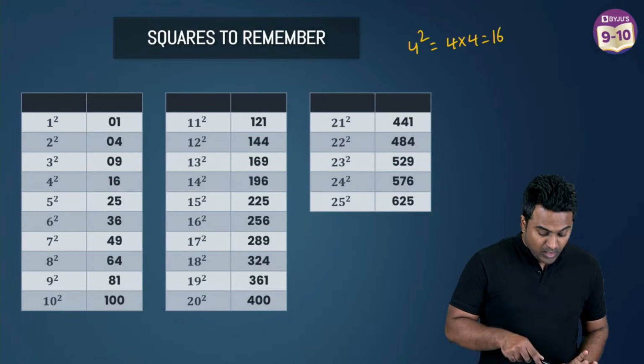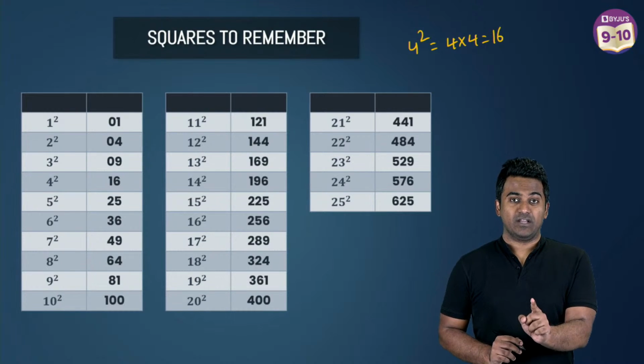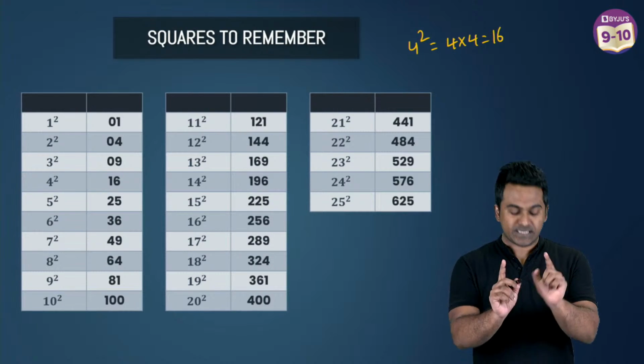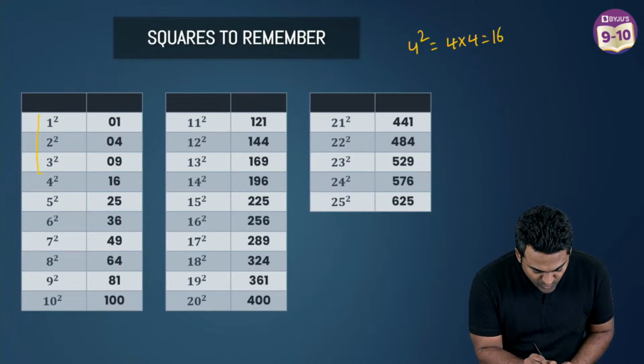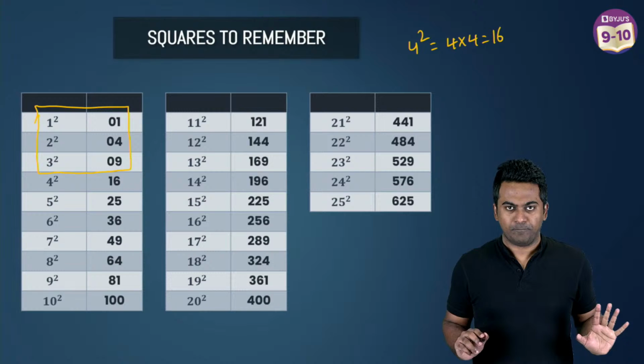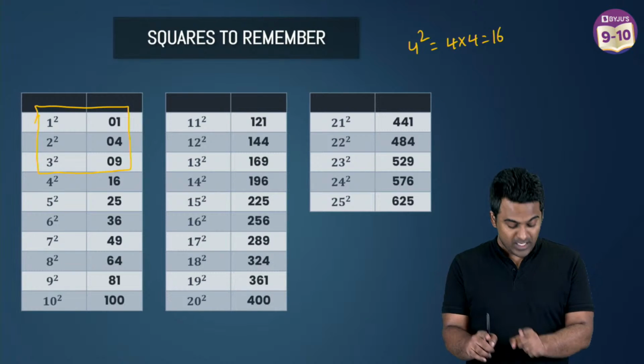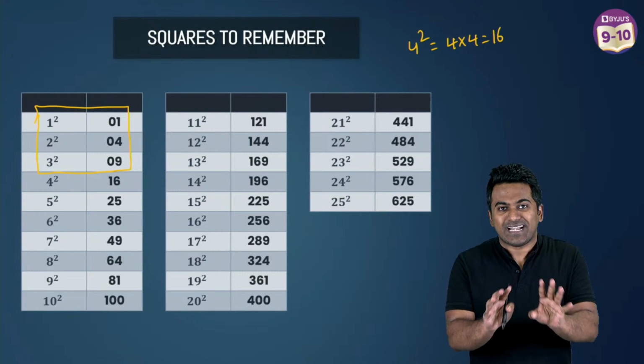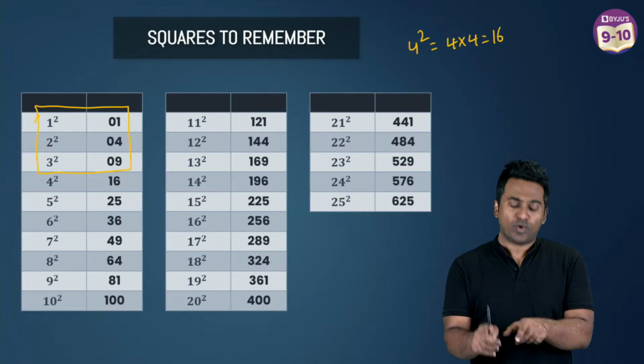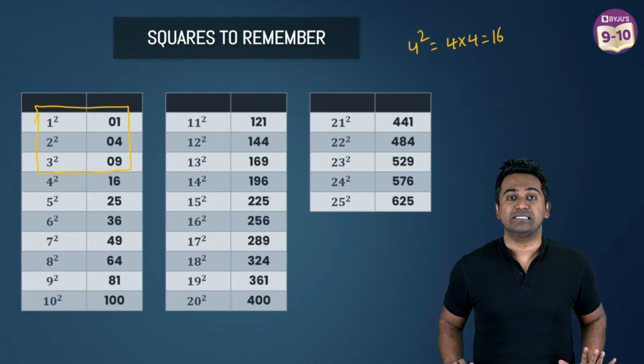But then the important thing for this trick to work is this, okay? These three, 1 square, you're not going to write it like 1, okay? You will write it like 0, 1. 2 square, again, you will not write just a 4, you will write 0, 4, and 3 square, you will write 0, 9.